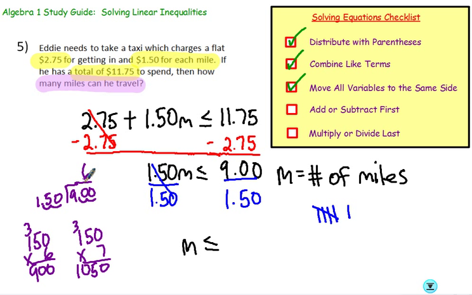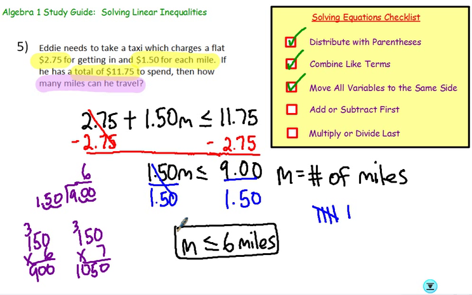So the answer there would be 6. So I just show you that over here to show you that, sometimes we do a little trial and error. We don't have to know exactly what the answer is, maybe. Maybe we do a little trial and error. So that would be m is less than or equal to 6 miles. So that means that we could go up to 6 miles in that cab. Don't have to go the full 6, but we could go up to it.